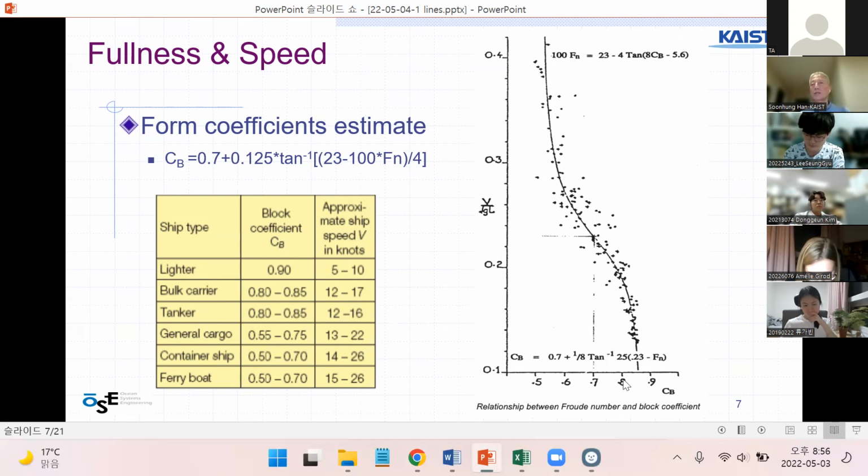So here, once again, the equation to arrive at a block coefficient, the curve shows that based on Froude number, which comes from speed. Okay? So based on speed, you can estimate the block coefficient. If you have a high block coefficient, the speed length ratio is low, so speed is low. But with a slender body or low CB, you may expect a higher speed.